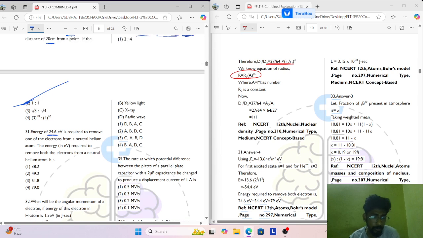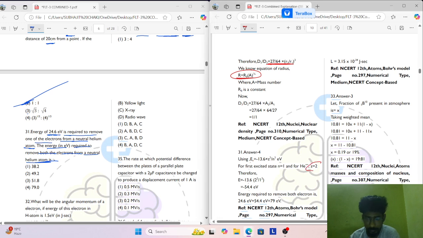Energy of 24.6 electron volt is required to remove one of the electrons from a neutral helium atom. Find the energy required to remove both the electrons from the neutral helium atom. The formula is En equals minus 13.6 Z square by n square in eV. For helium, Z is equal to 2, n is equal to 1. You know the atomic number of helium is 2.